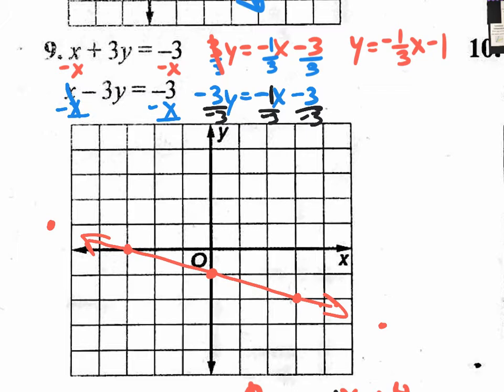I will have my new final equation in slope-intercept form, y equals positive 1 over 3 x plus 1. Why is it positive? Because a negative divided by a negative is positive. And the 1 divided by 3 you can't do, so you leave it 1 over 3. And over here, negative 3 divided by negative 3, that's really plus 1. So that one truly does cross the y-axis at positive 1.